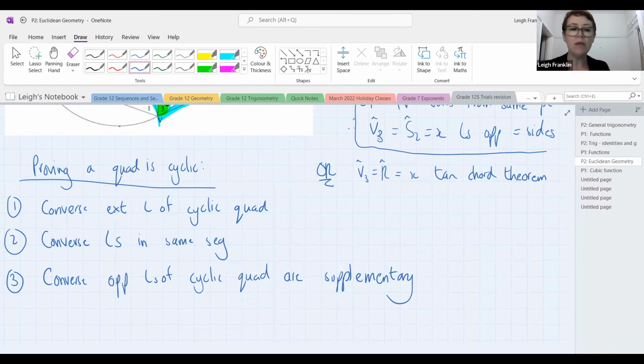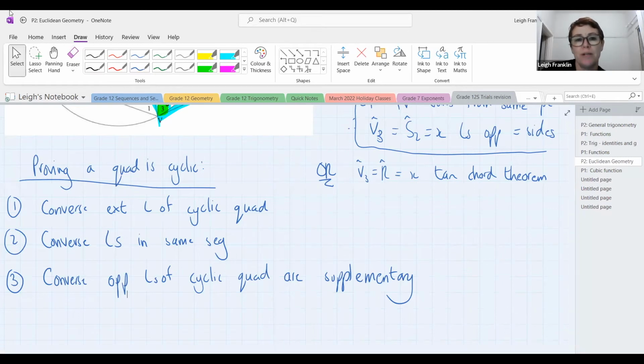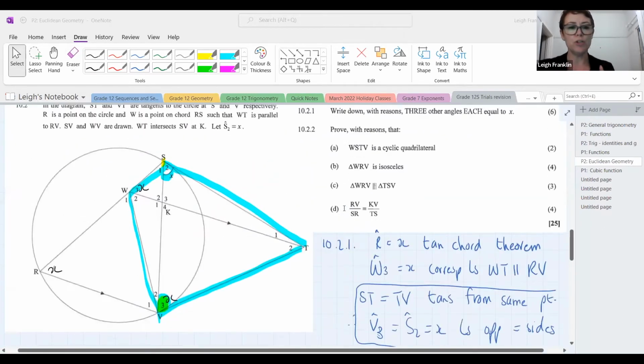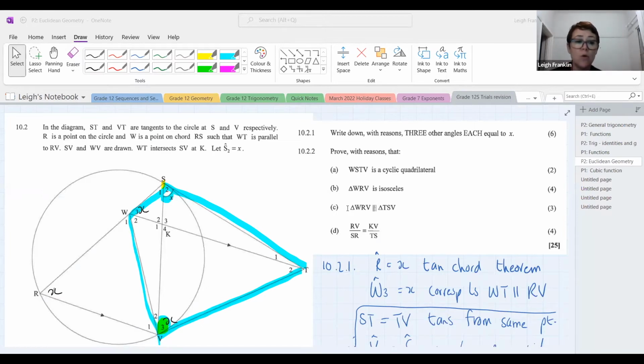Okay, so my recommendation to you is that when they ask you to prove that a quad is cyclic, always see if you can do converse angles in the same segment first. So in other words, look at your cyclic quad and ask yourself, is there a bow tie inside? Right? So if you look at this cyclic quad, is there a bow tie inside?